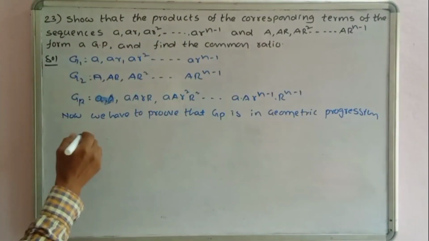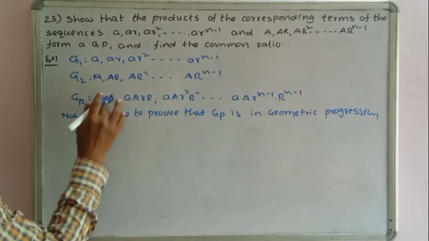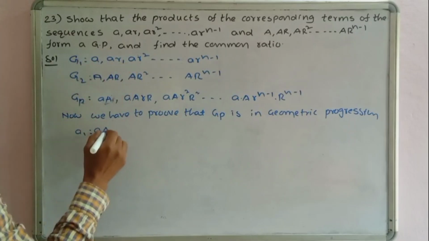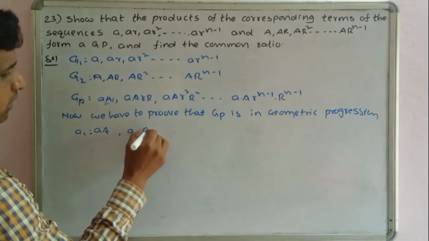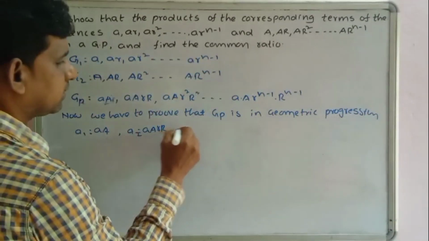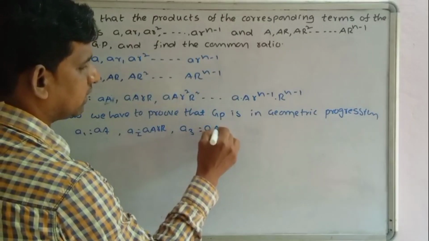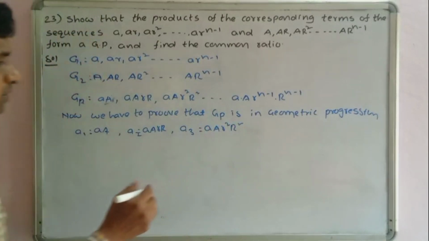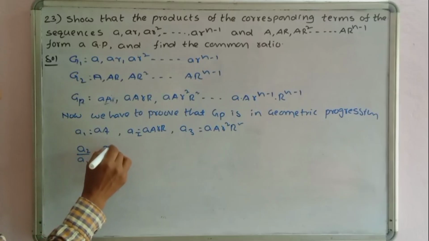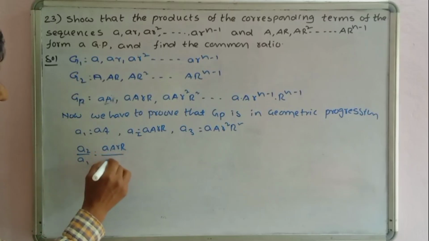Okay, see here, a1 equals how much? a1 equals AA, a2 equals ARAR, that is the second term. a3 equals AAR square. So now a2 by a1, how much? a2 by a1 equals small r capital R by a.